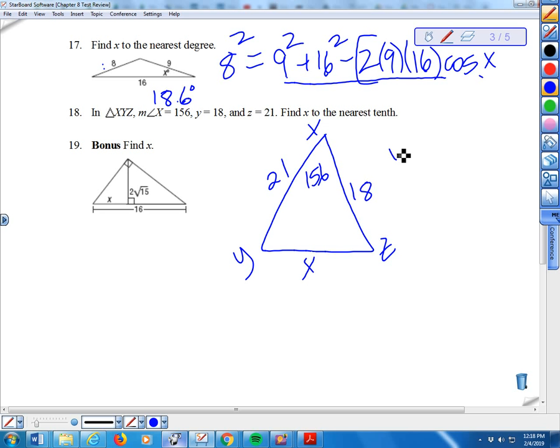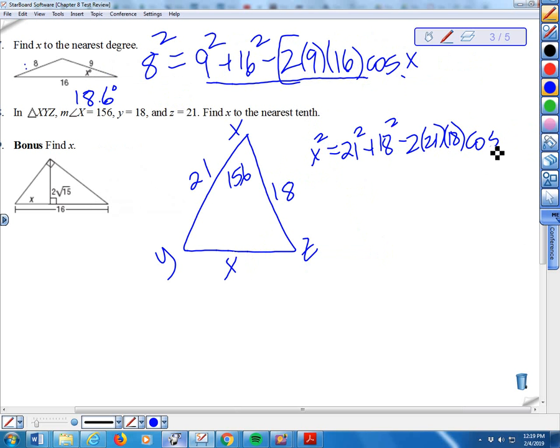So x squared is 21 squared plus 18 squared minus 2 times 21 times 18 cosine 156. I can do all of this in one fell swoop. 21 squared plus 18 squared minus 2 times 21 times 18 times cosine 156. And then I have to take the square root of that number, 38.2.